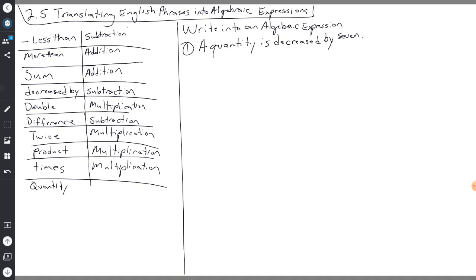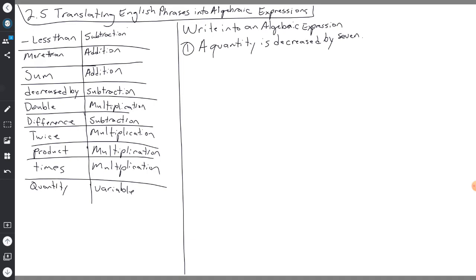We don't know what the quantity is. It could be a variable.